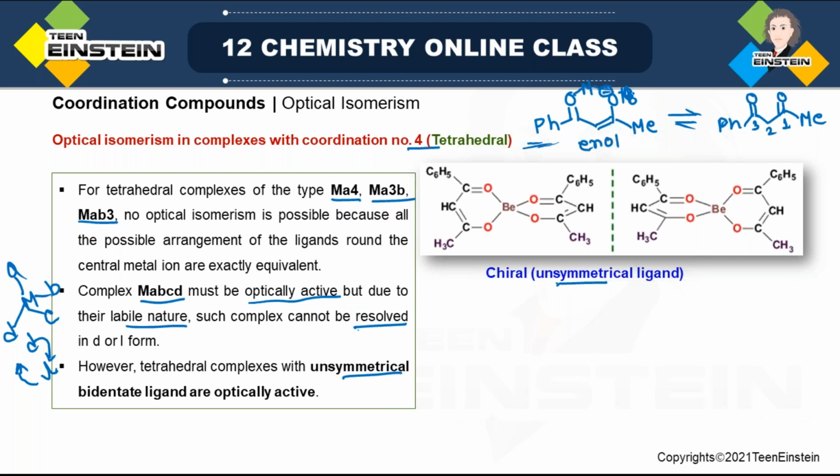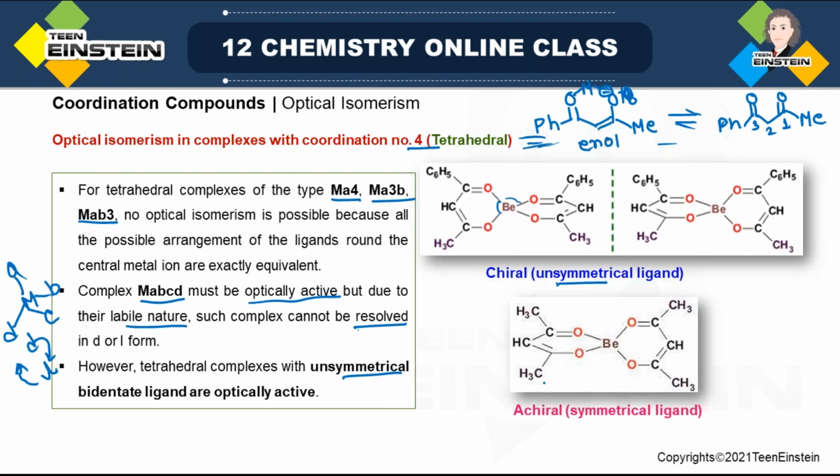So now it can bind to the metal. It behaves as a bidentate ligand, but it is unsymmetrical because this side and this side are not the same. Okay, and it is a tetrahedral arrangement. So all these angles that you are seeing are 109 degrees, and when you take its mirror image, you get another isomer. So these two are enantiomers. Fine.